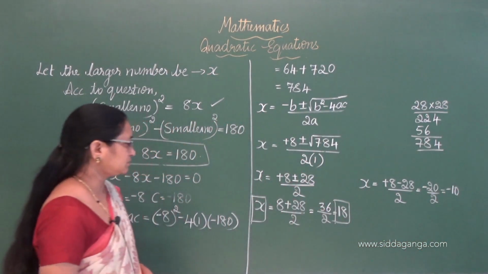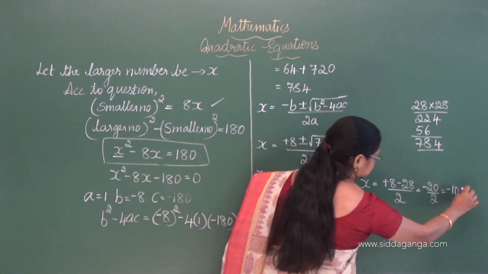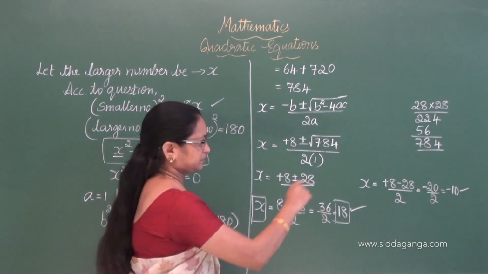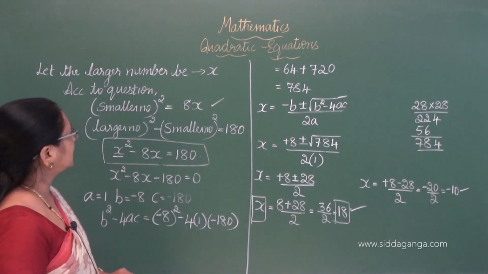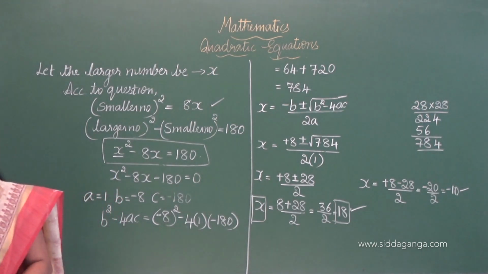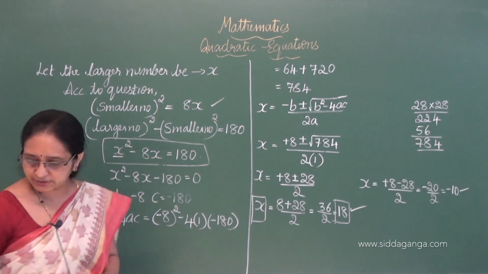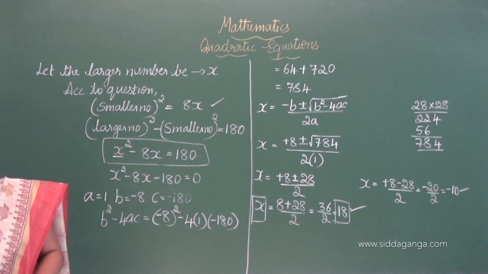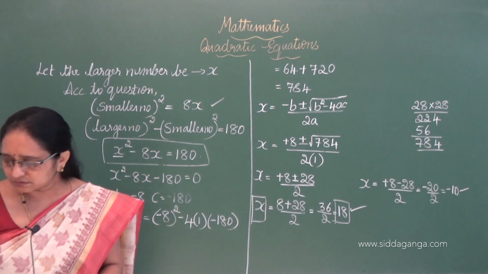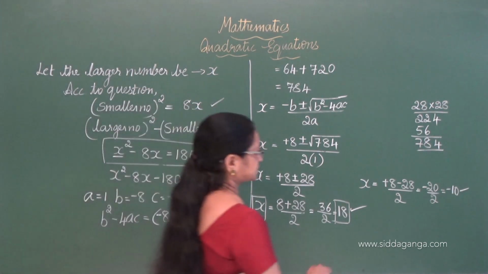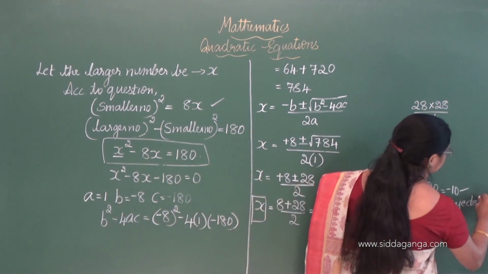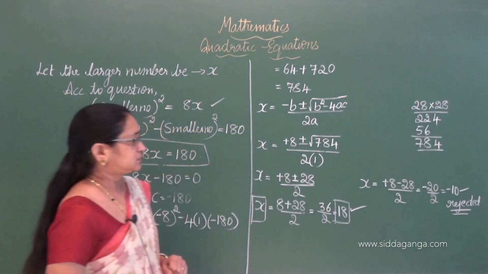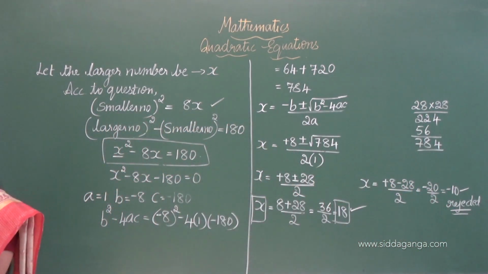Now, you all know, this is positive and this is negative. So minus 10 we can reject, since it is negative, so we can write rejected.